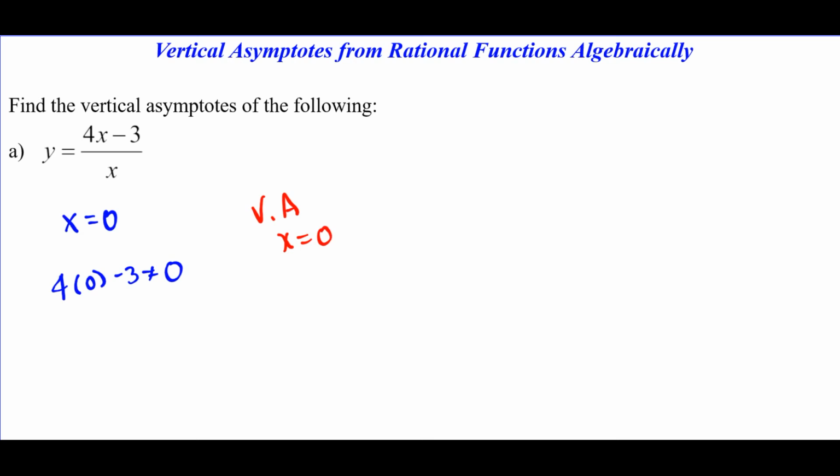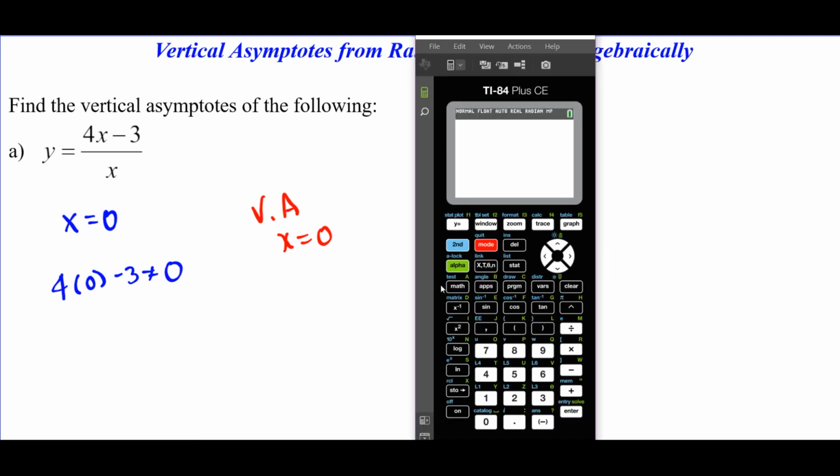We can also take a look at this graphically on the graphing calculator. We can see that there does appear to be an asymptote at 0, and to the left, my graph is going up forever. To the right, my graph is going down forever. So my limits appear to be approaching positive and negative infinity.